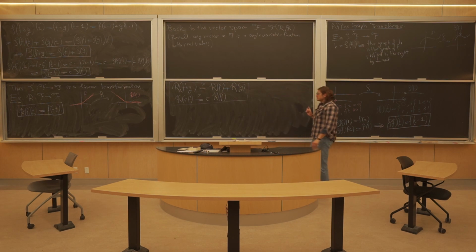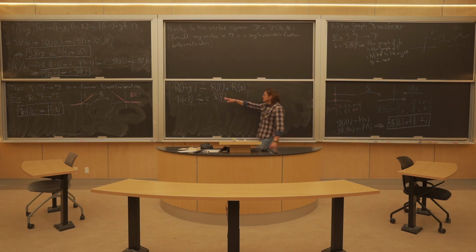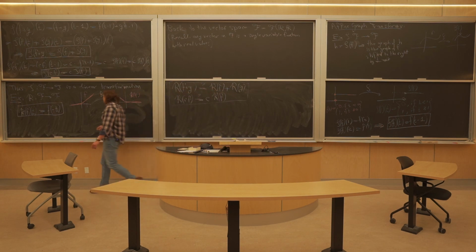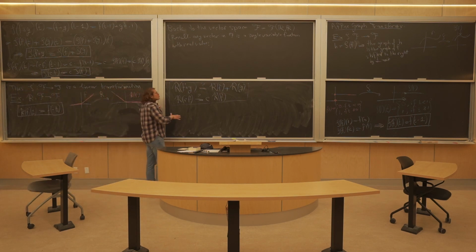So there's something that you end up needing to do in this setting. Because in this case, you cannot really compute these expressions without referring to a function, without referring to an input. So it's slightly more complicated compared to linear transformations defined on Rn, where you have just numbers.